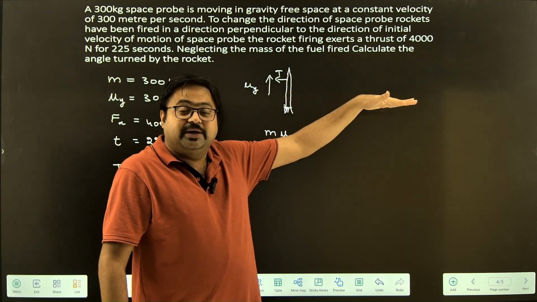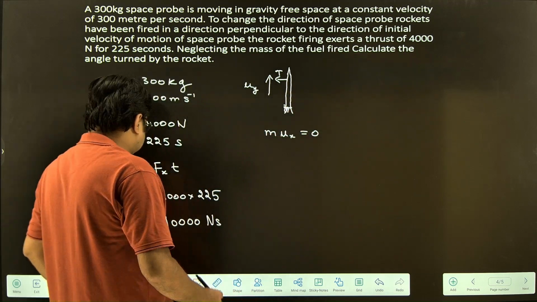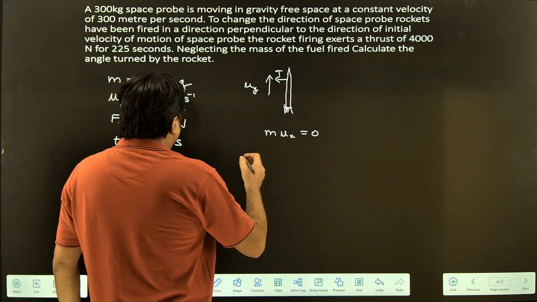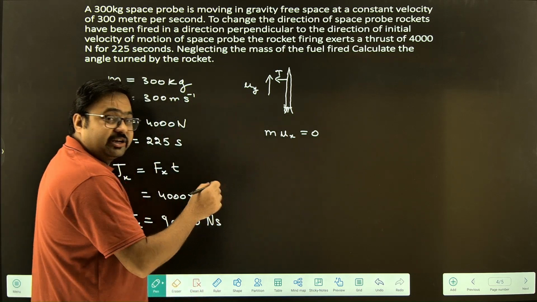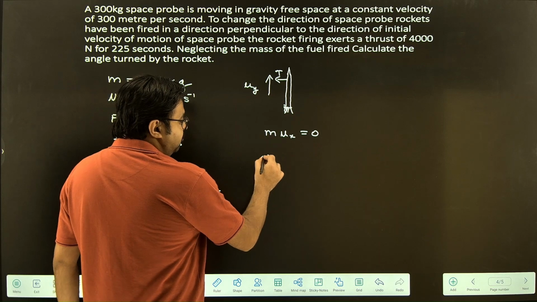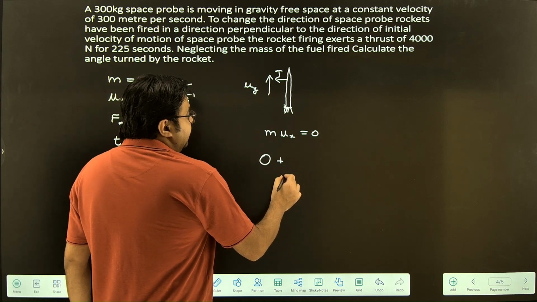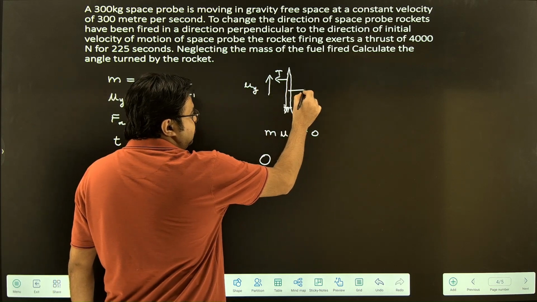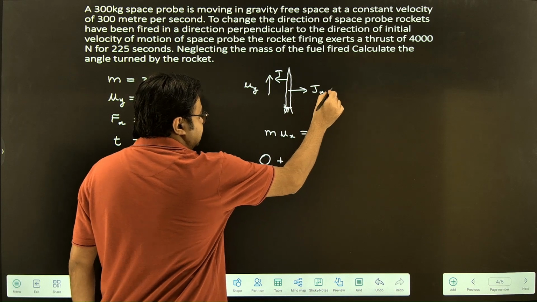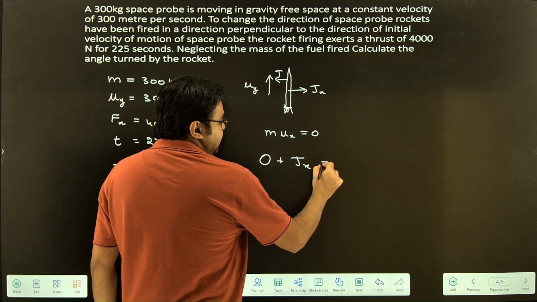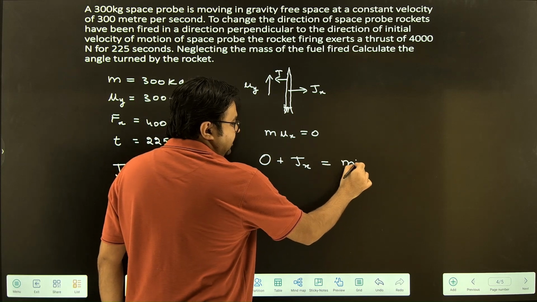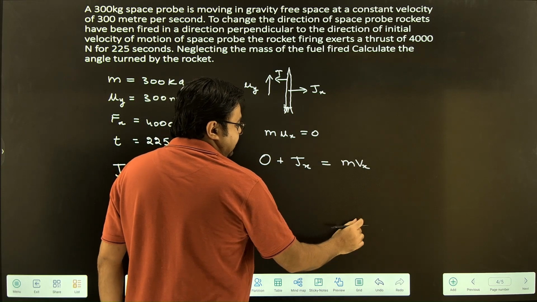So the momentum is 0 along the x direction. Going further, we can calculate what is the final momentum after receiving the impulse. The initial momentum is 0, and then it experiences an impulse in this direction, jx, which is 90,000 in this case, and this gives it its final momentum along the x direction.